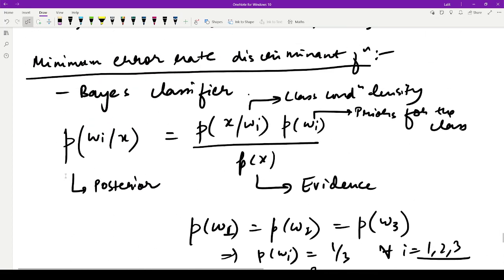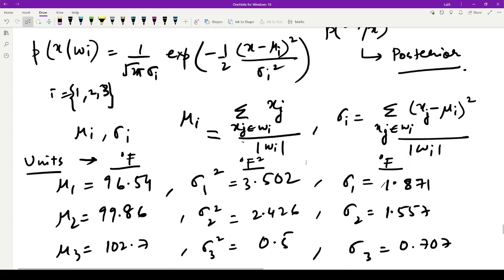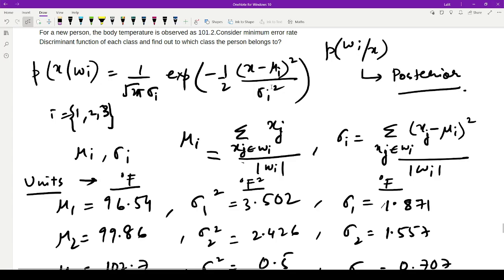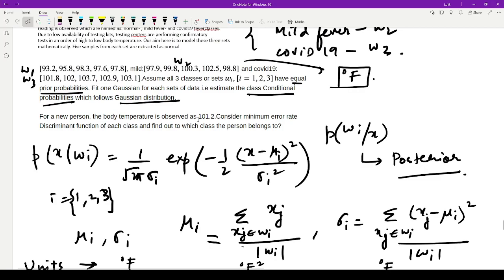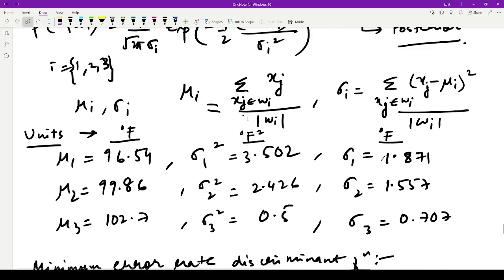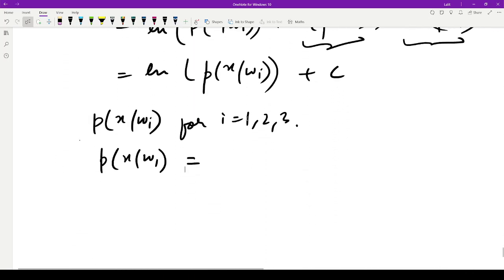Since we have the specific values of mu's and sigmas, we should be able to place these values and place the value of X. X is here 101.2 degree Fahrenheit. And once this is done, we can get these values, which turns out to be 9.456 into 10 power minus 3.